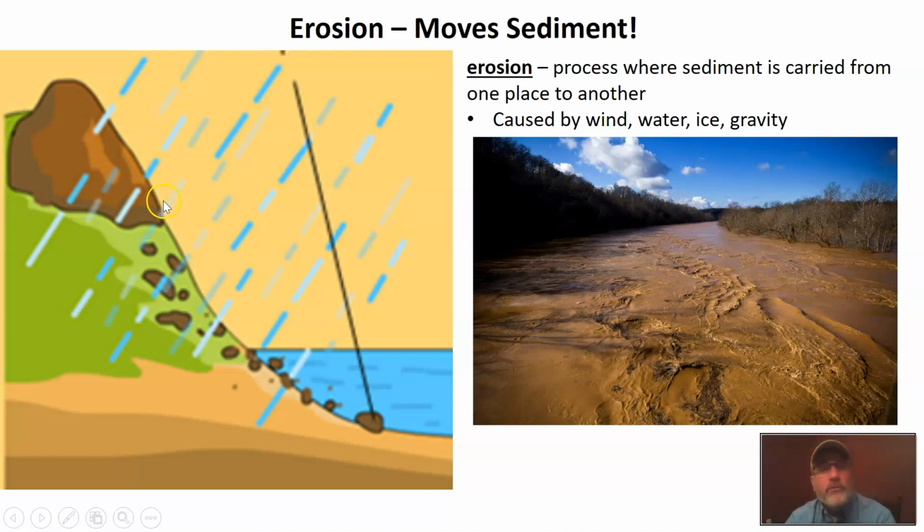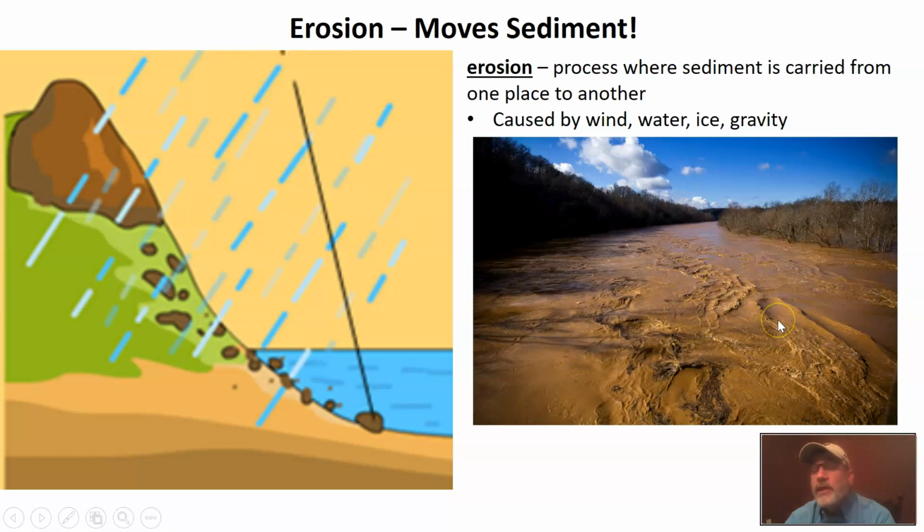This is what erosion is. A lot of these rocks here could have been washed down this slope by water. They could have rolled down when they broke off, which could have happened via gravity. But anytime you have small pieces of rock that are being moved around, we call that erosion.